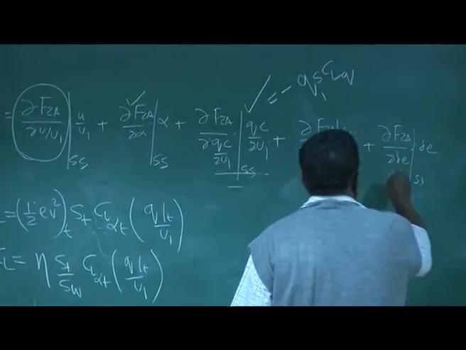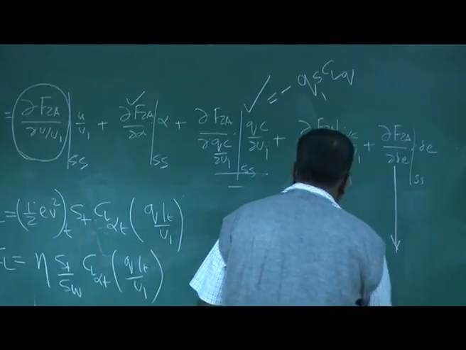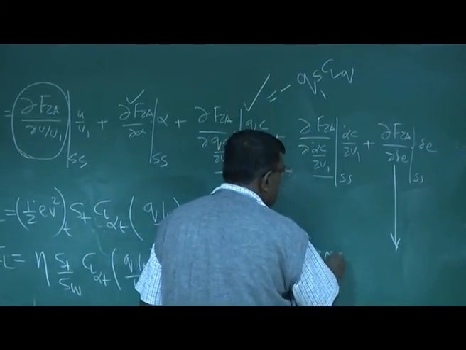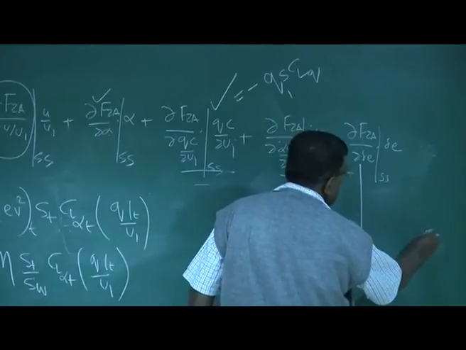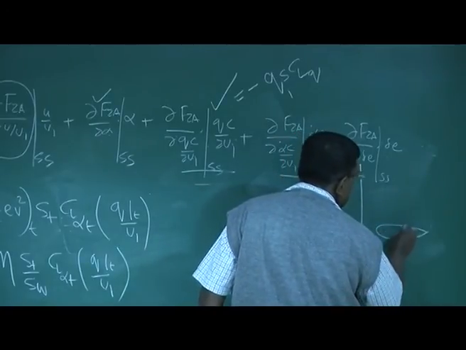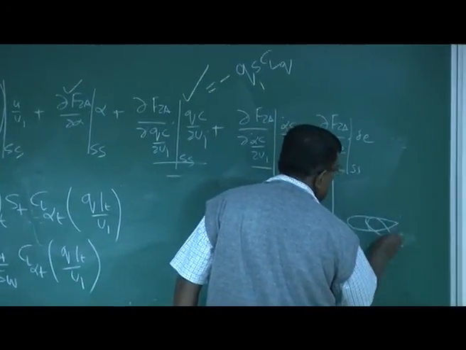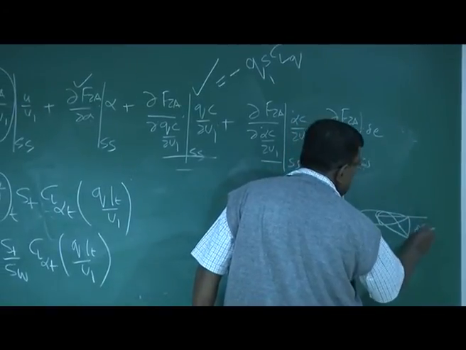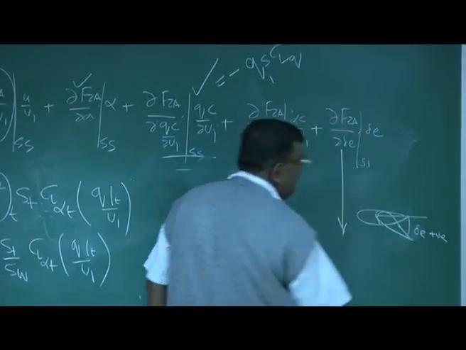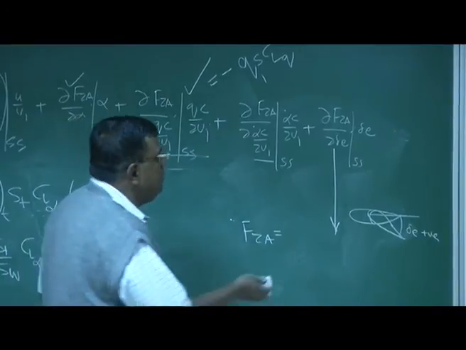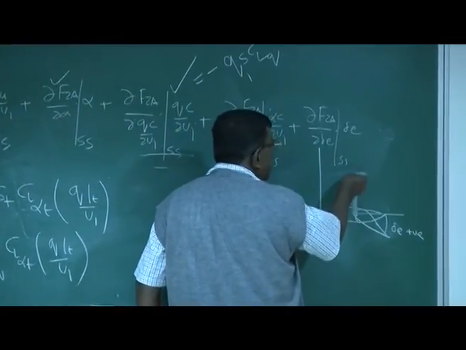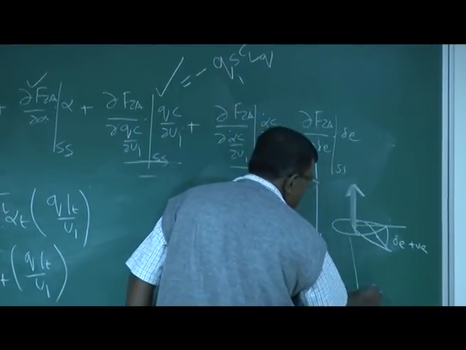Now we have here, this term is also simple. I can write FZA, right? Again, you see, if this is the tail and this is the elevator, if delta E is positive, that will give a force in the upward direction, lift, which is again opposite to Z direction.